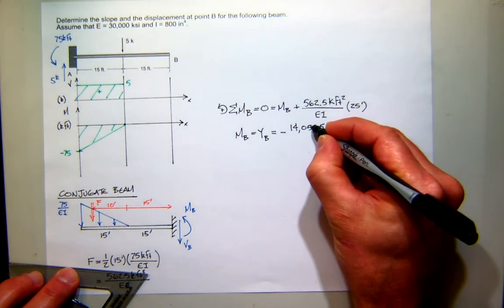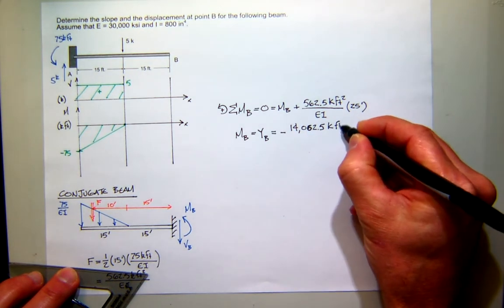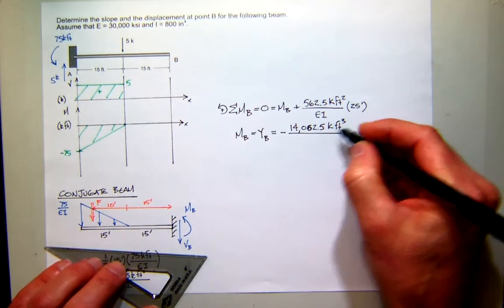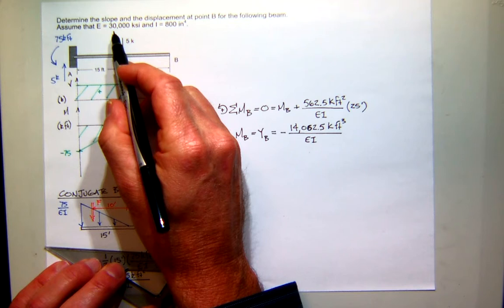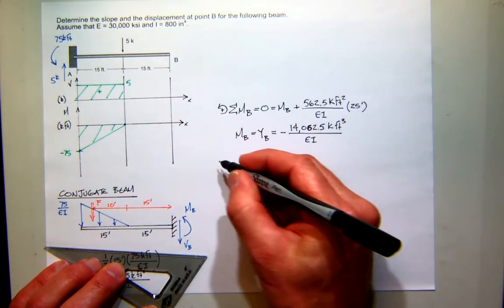And that will be kip feet cubed over EI. Well, in this problem, EI is 30,000 KSI and 800 inches to the fourth. So let's figure out what that is.